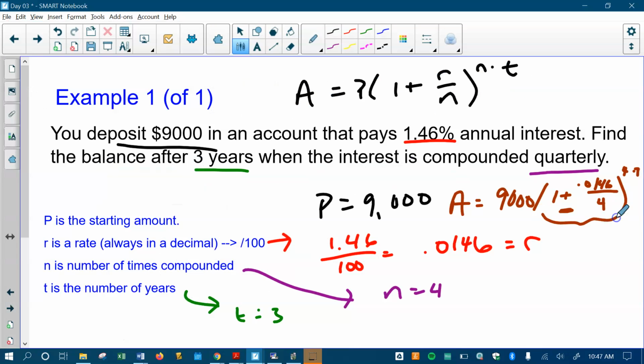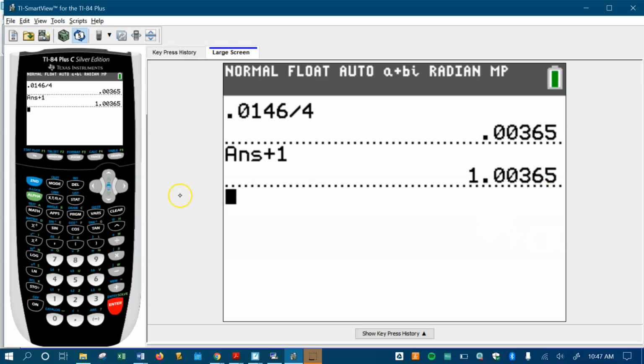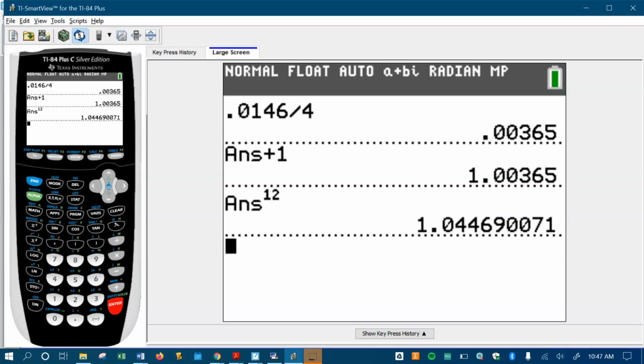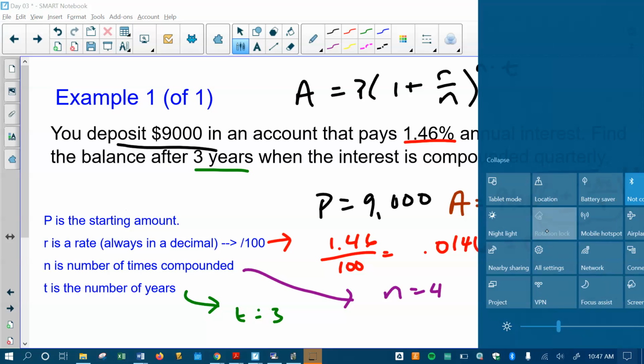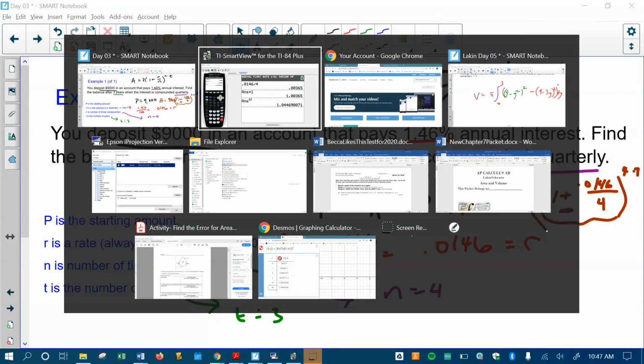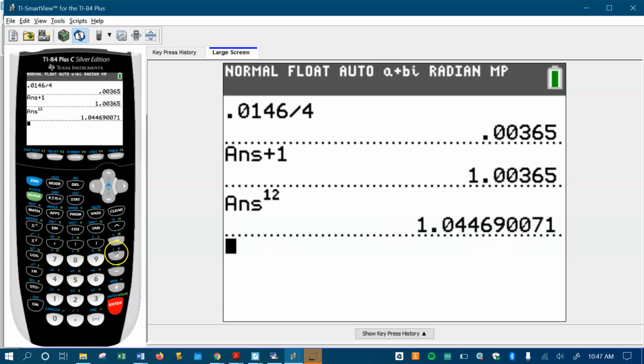This entire number is 1.00365, and then I raise it to the power. The power is 12, because 3 times 4 was 12. And now I have that entire value, so let's multiply it by 9,000.